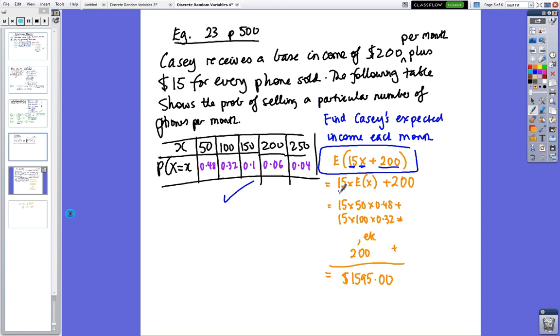So we take the 15 out the front and just add 200 at the end. I've just started the first ones. So it's 50 times 0.48 times 15 plus, and then at the end add $200 and you end up with $15.95. So it's an example. It's not really super useful, but it's another theorem. Okay, copy that and come across.